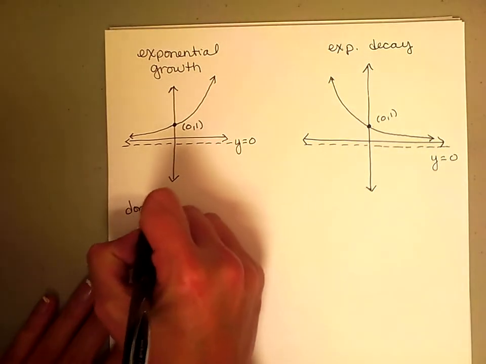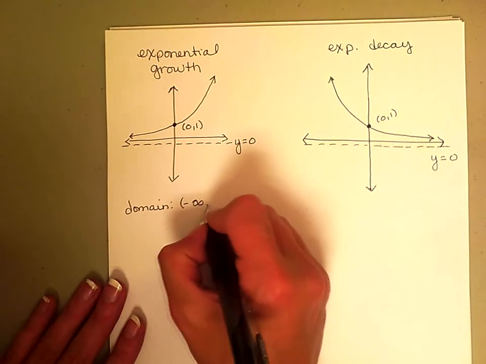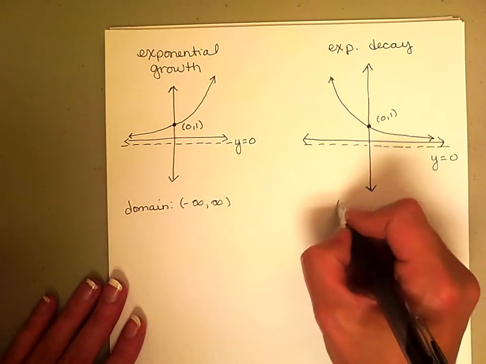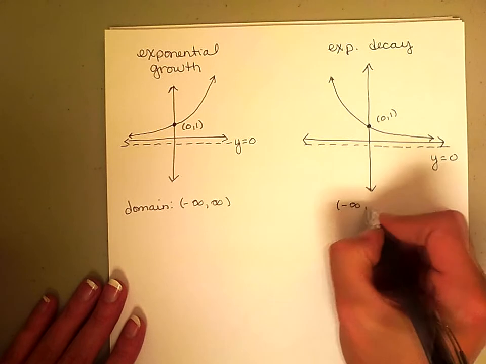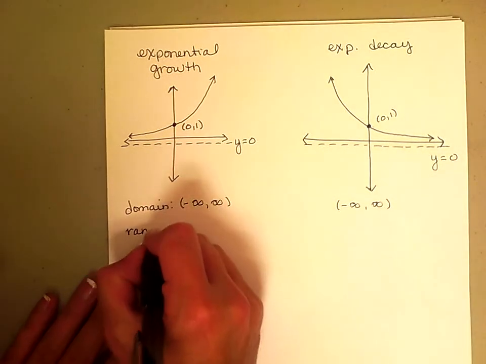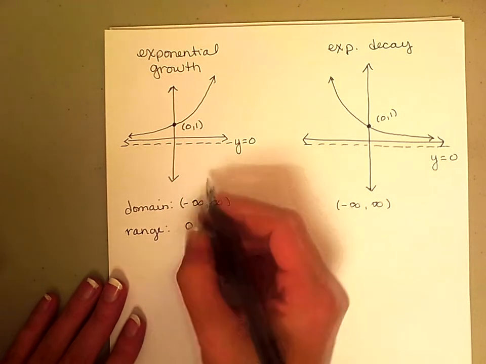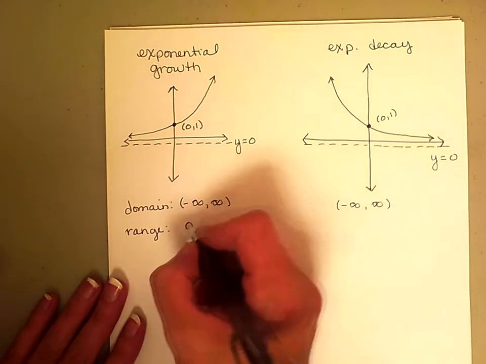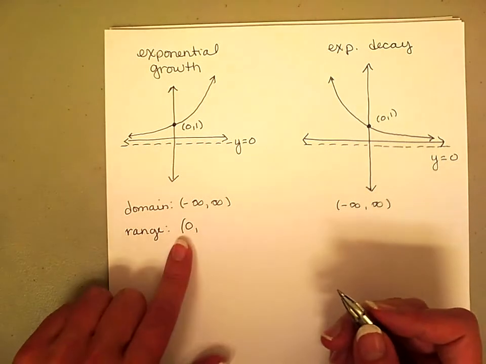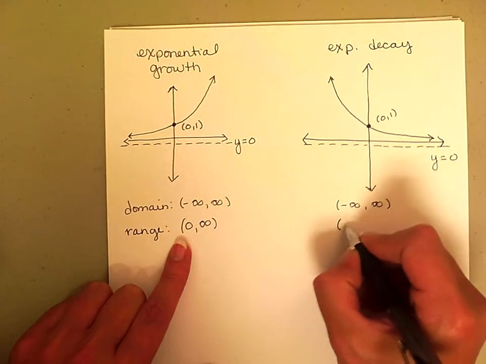We can talk about their domains. The domain will always be all real numbers for the basic. And again, the range, because of the horizontal asymptote, y equals 0 cannot be included, but it'll take off to infinity.